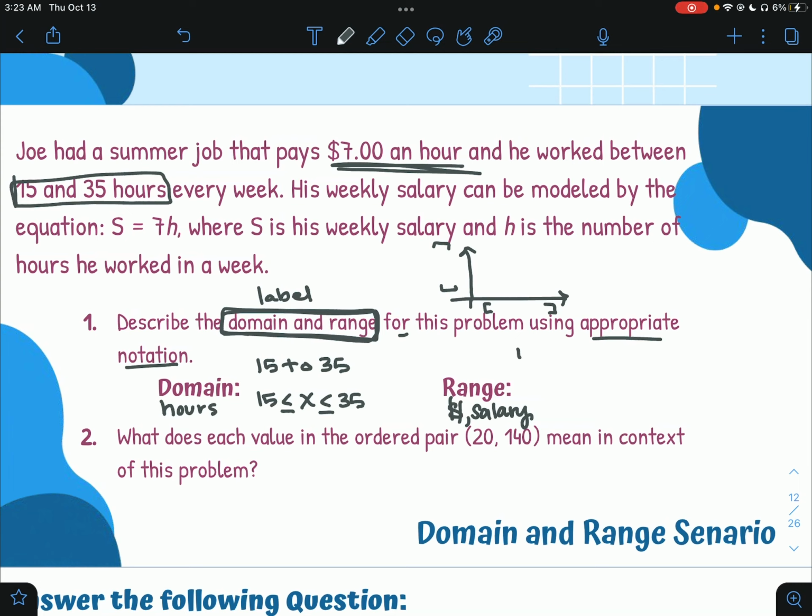Well, if we worked 15 hours, we'd earn $105. So we know that, so we earn $105. If we work our max 35 hours, we earn $245.